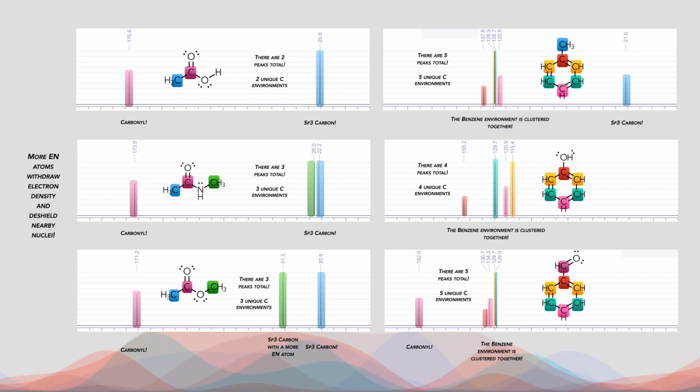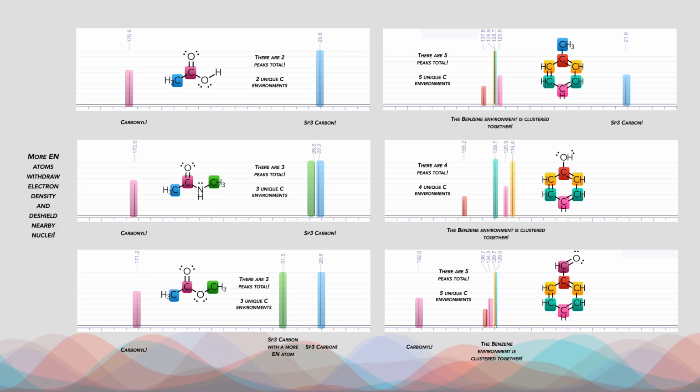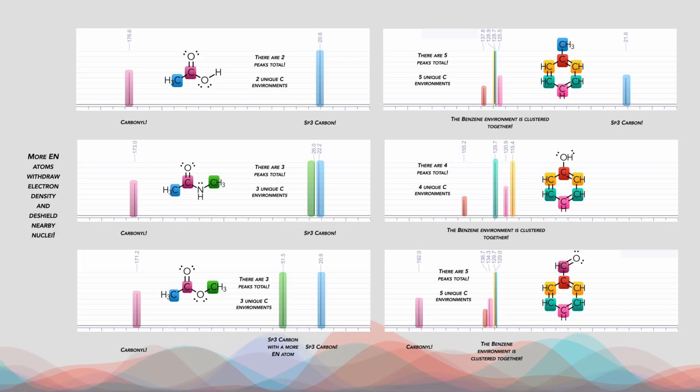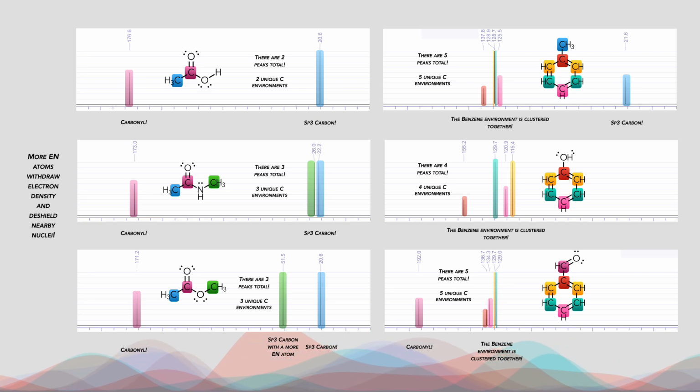So, first, we count the number of unique carbon environments. Then we ask, what kinds of carbons do those environments represent? Carbonyl carbons appear strongly downfield because the pi system and electronegative oxygen substantially deshield the carbon nucleus.